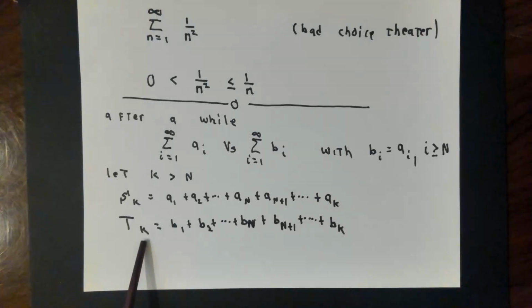Likewise, T sub k is b1 plus b2 plus bn plus b(n+1) out to bk.